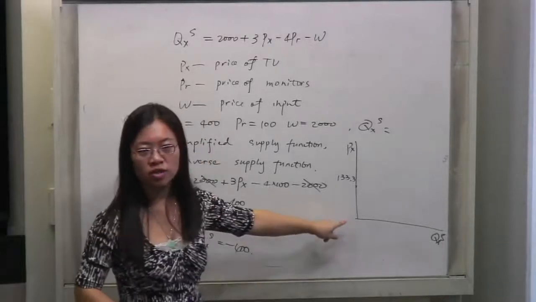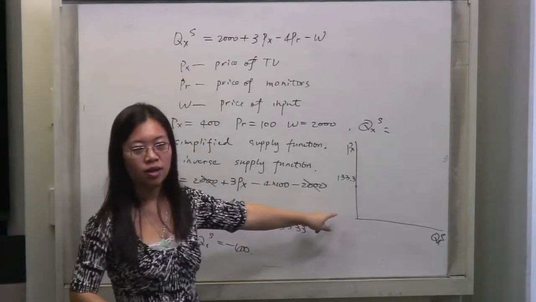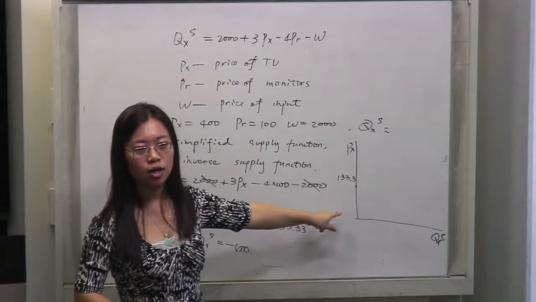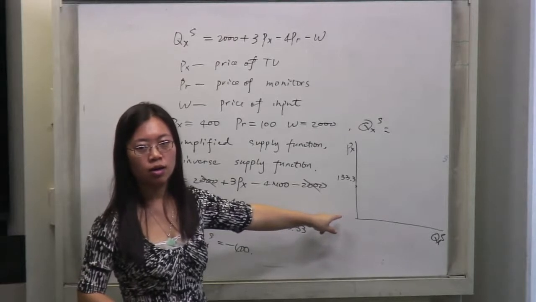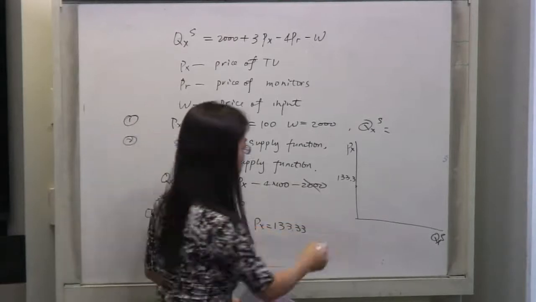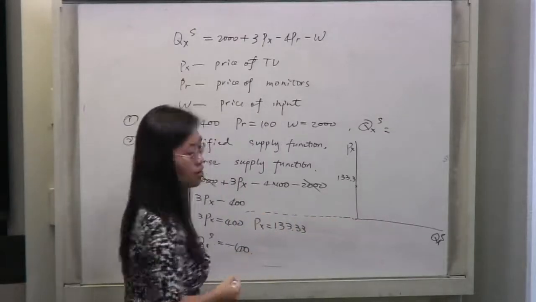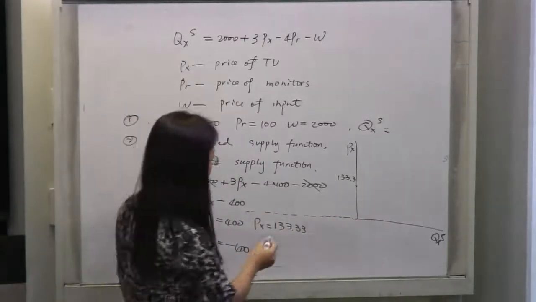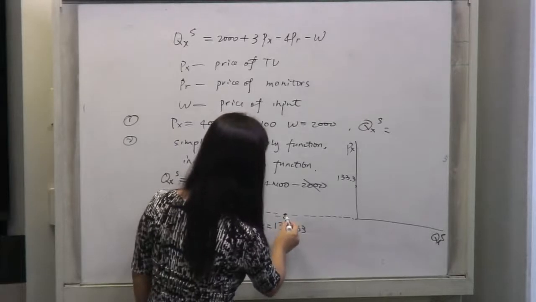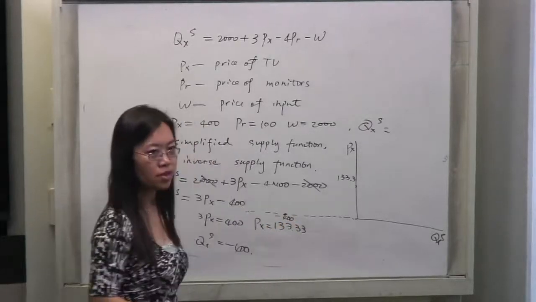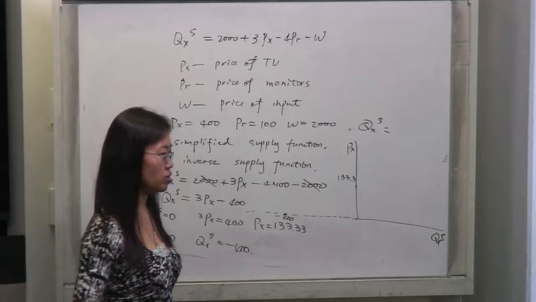So where do we put it? We need to extend this now. Okay? And this is my negative 400. We need to connect these 2 points.